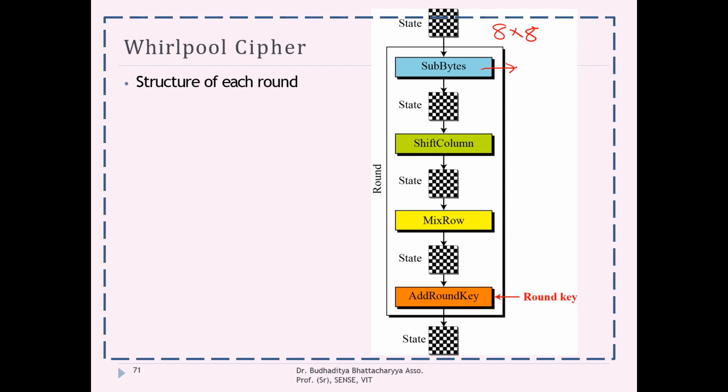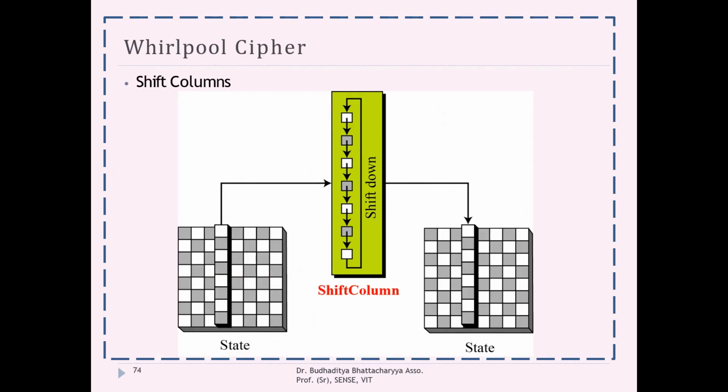After that, the sub-byte comes in. The same state matrix now goes to shift column. There it was shift rows. Here the arrangement is downward; we are going to move downward. You can see they are all 0, 1, 2, 3, 4, 5, 6, 7. This is the state matrix.